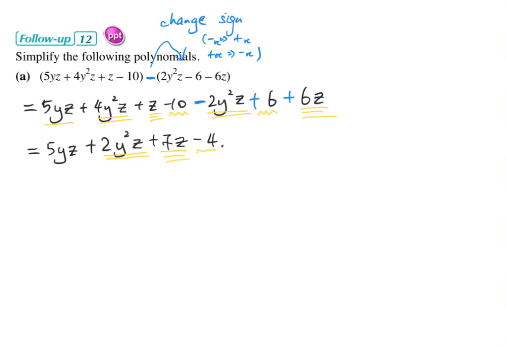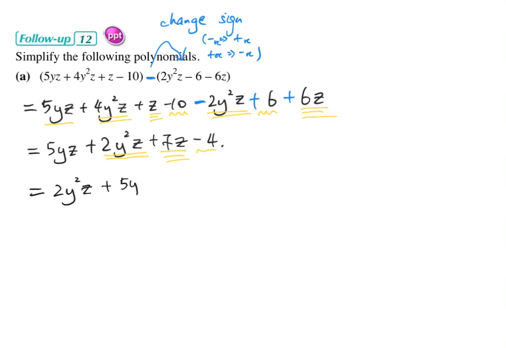Alright? And then at last, we try to arrange it in order with the degree. So the highest degree should be 2y squared z, because it has the degree 3.